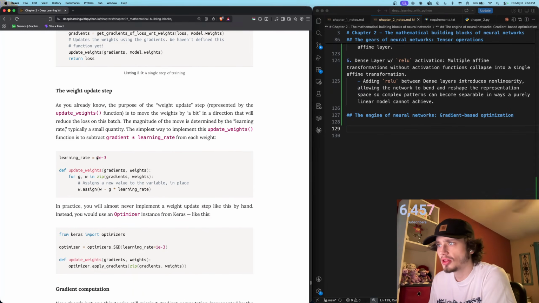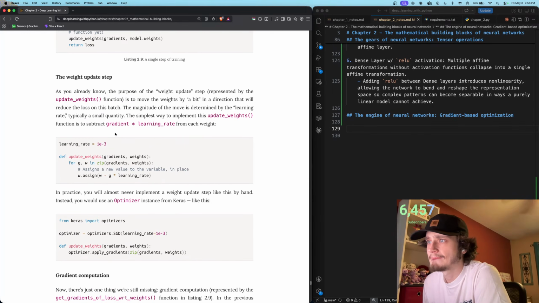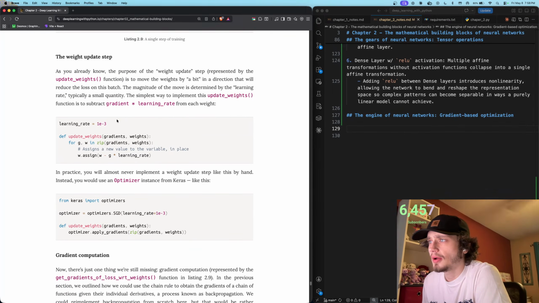So we have some very small learning rate value here, 1 times 10 to the negative 3. After update weights, given some gradients and some weights, for every gradient and weight in a zip of gradients and weights together, which will unpack each gradient and weight, looping over them one by one, assign a new value to the variable in place.